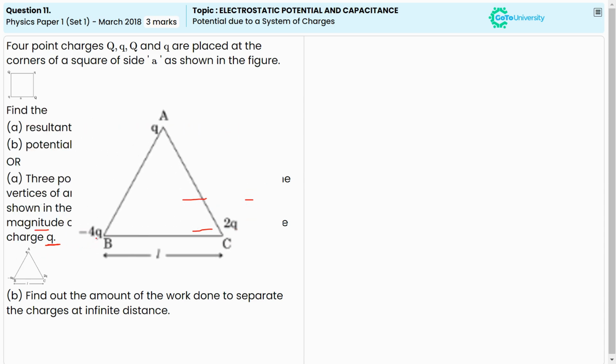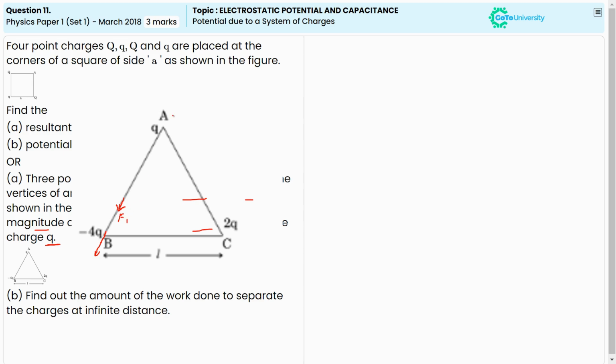Now if you are going to apply the forces, I would take this as the force 1, acting in the direction like this. This is F1 force.